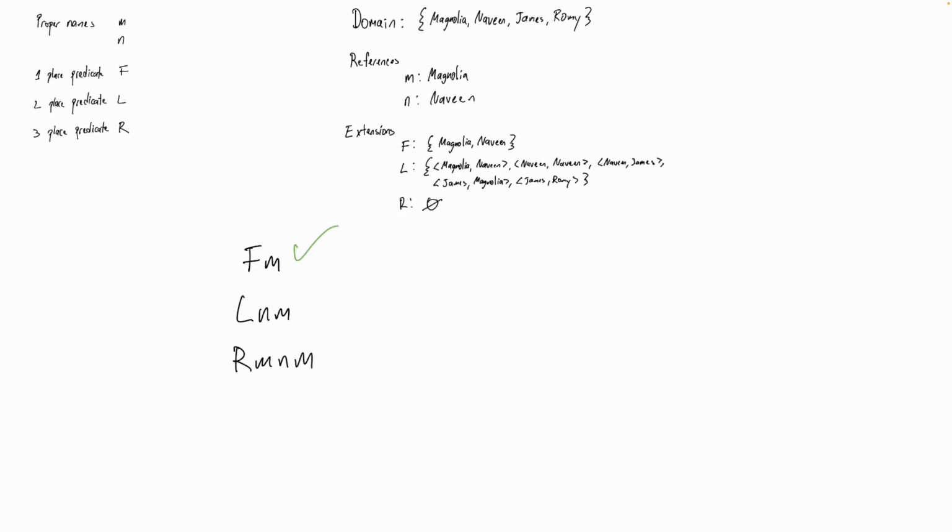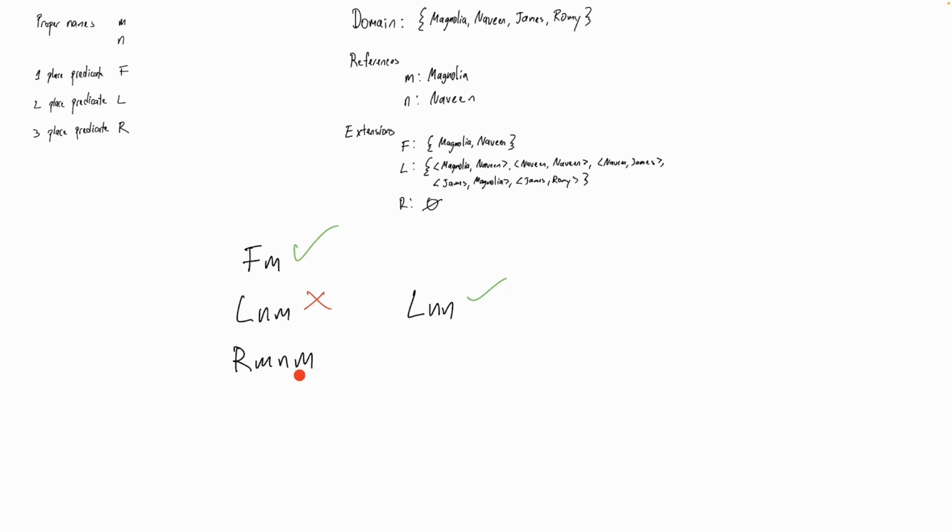So on this valuation where N refers to Naveen and M refers to Magnolia, LNM is false because the pair Naveen-Magnolia is nowhere to be found in the extension of L. By contrast, the formula LNN is true on this valuation because the pair Naveen-Naveen is in the extension of L.